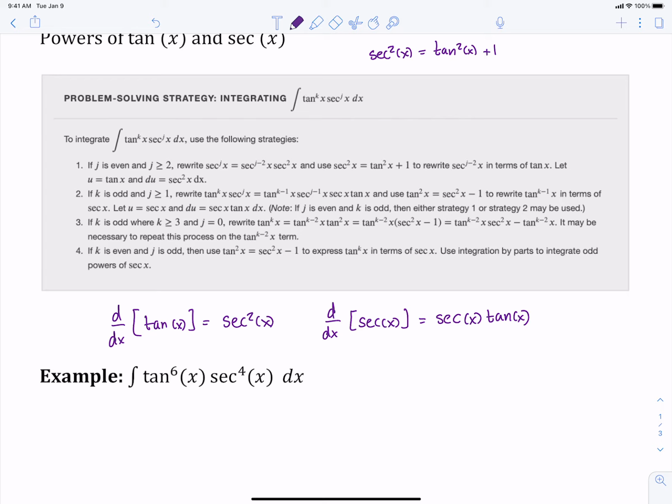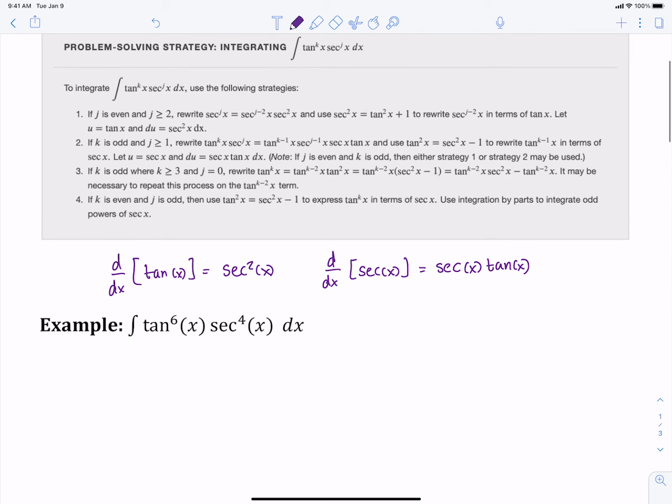And so for this one here, what I can do is, if j is even, that's exactly what we have here. j is the exponent on secant. So we're going to take secant here and pull away two of the secants.